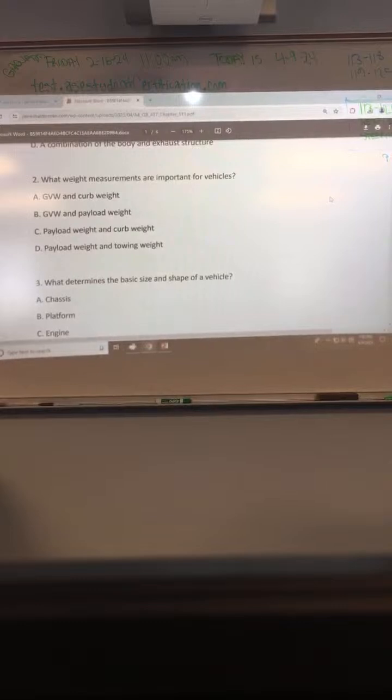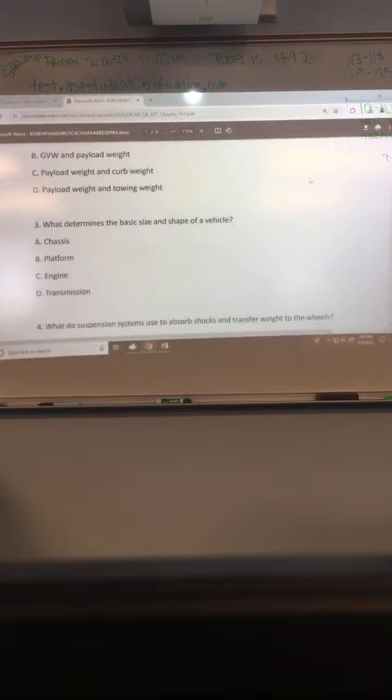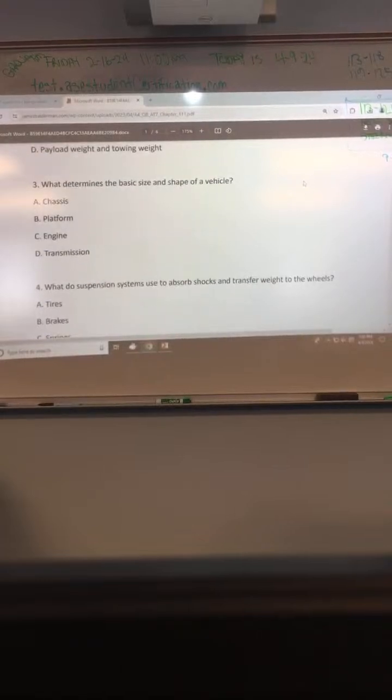Number 2. What weight measurements are important for vehicles? A. Gross vehicle weight, curb weight, okay, sounds good. This is an easy one, we've done this already. What determines the basic size and shape of a vehicle?